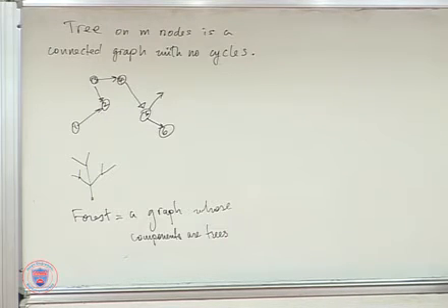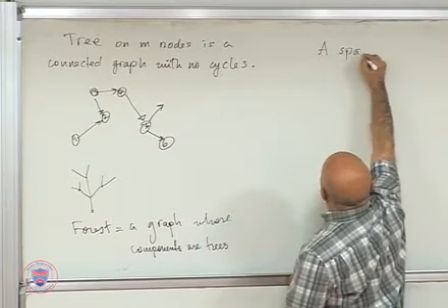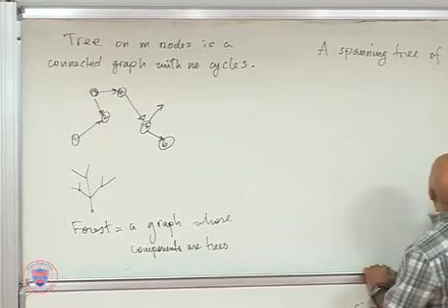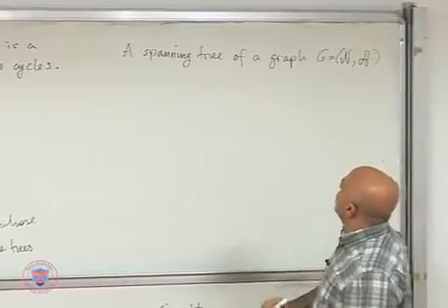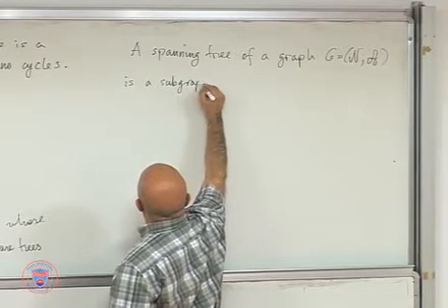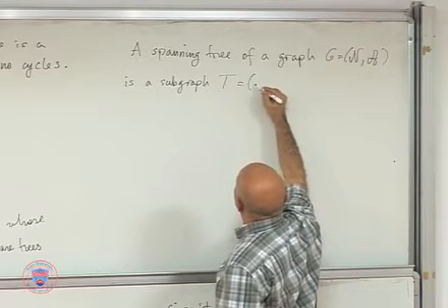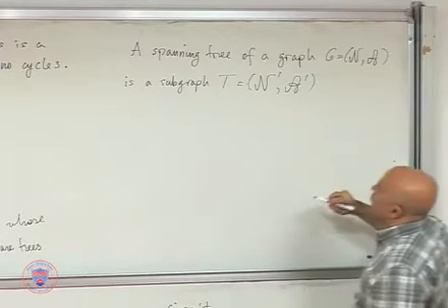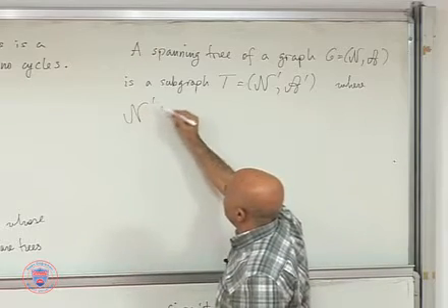All right. What else do we have? A spanning tree. A spanning tree of a graph G is a subgraph T of G where n prime is actually equal to n.